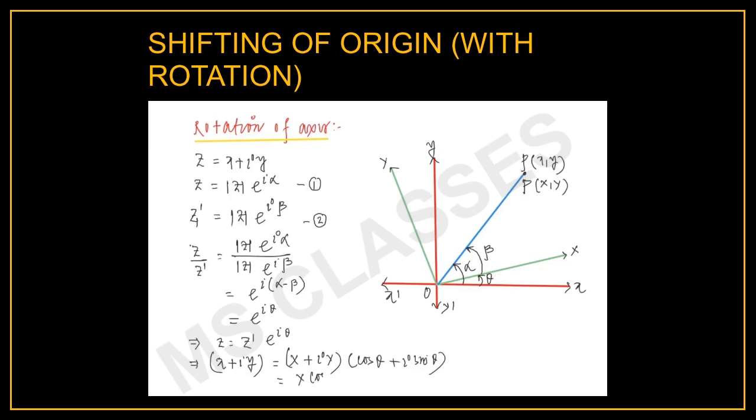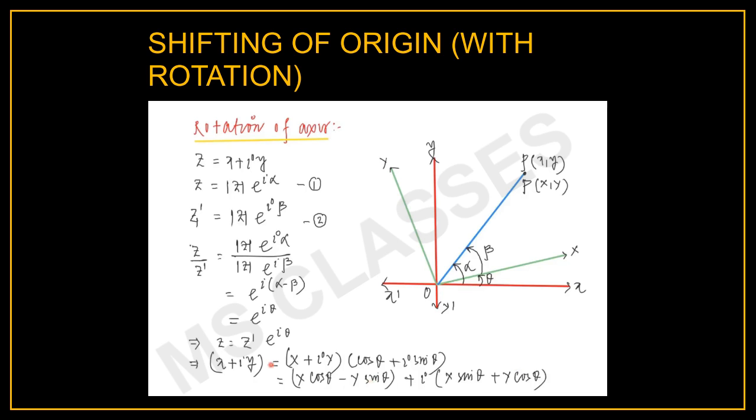Capital X cos theta minus capital Y sin theta, plus i times capital X sin theta plus capital Y cos theta. So we have got this as the real part and this as the imaginary part.